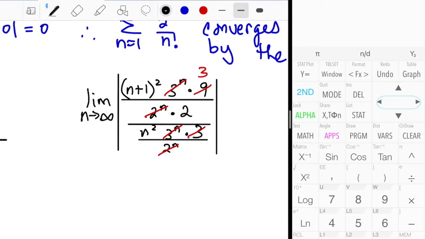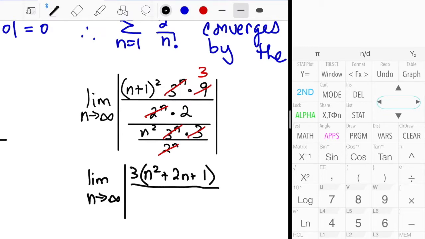So I'm going to rewrite the limit as n approaches infinity, absolute value of n. I'm going to write this as n squared plus 2n plus 1 multiplied by the 3 over, with a keep change flip, 2n squared.